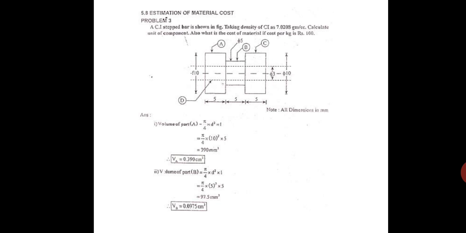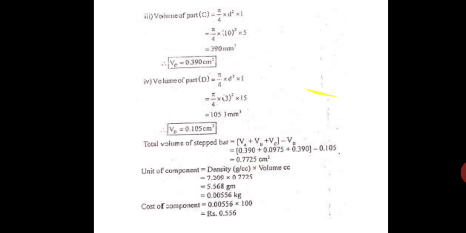Now volume of part C, pi by 4 into d square into L. Here d is 10 mm and L is 5 mm. So pi by 4 into 10 square into 5, that is 390 mm cube. I divided this by again 1000, so it is 0.390 centimeter cube.